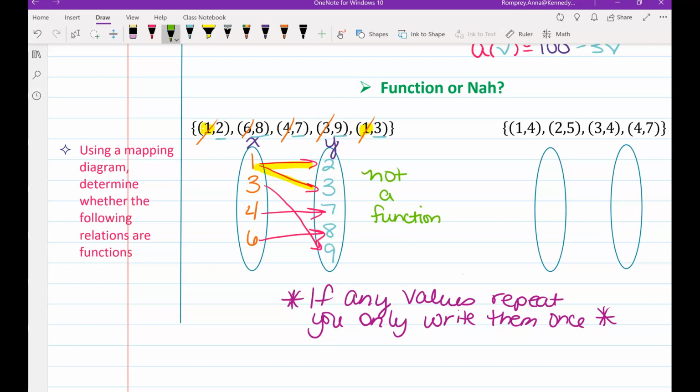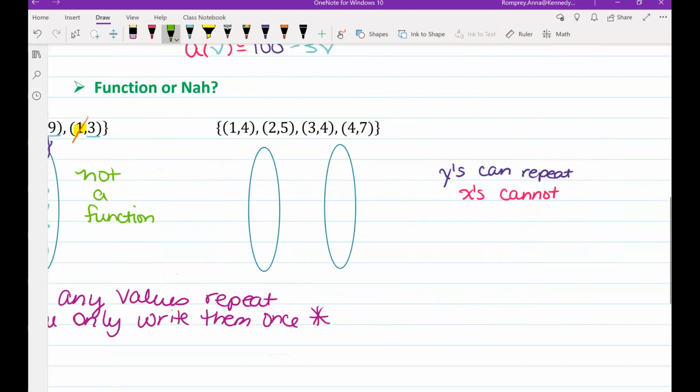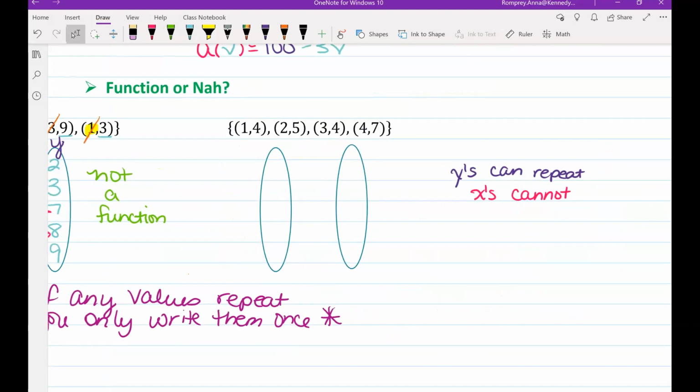Each x does not only have one y; 1 repeats. So you might want to write yourself a little note: x's can't repeat, y's can repeat. If x's repeat, then that input is going to have more than one output.